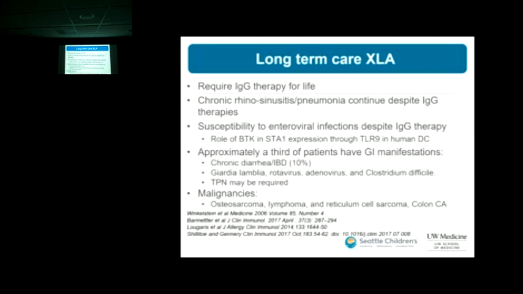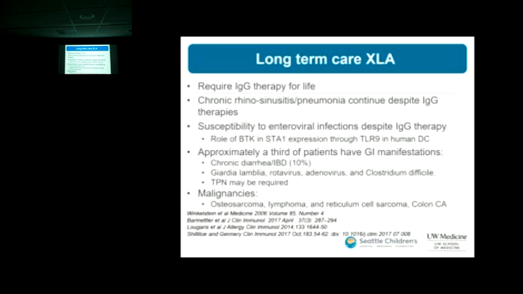Importantly, enteroviral infections can be life-threatening. Unfortunately, why that is was not understood for many years. But we do know now that BTK is critical for STAT1 expression through activation of TLR9.